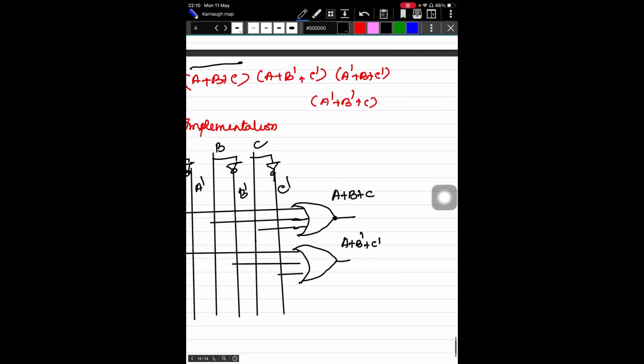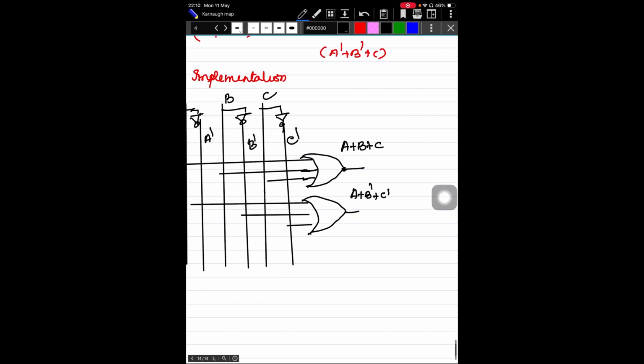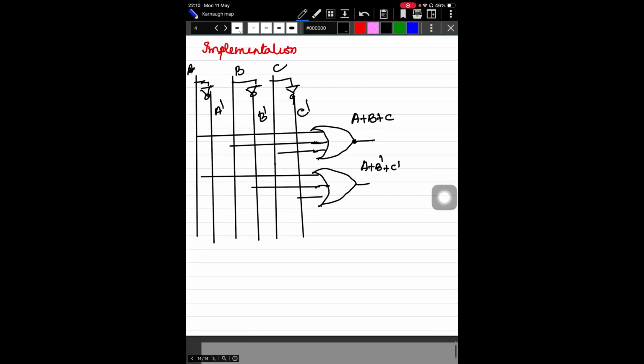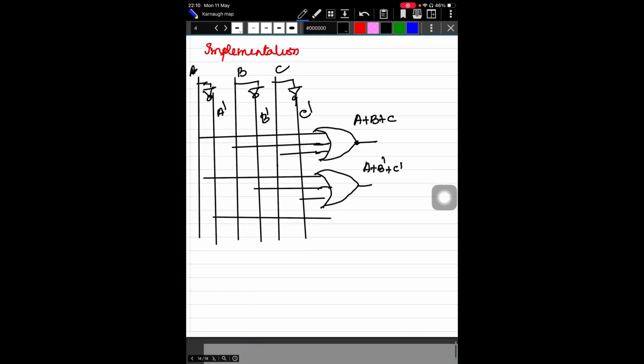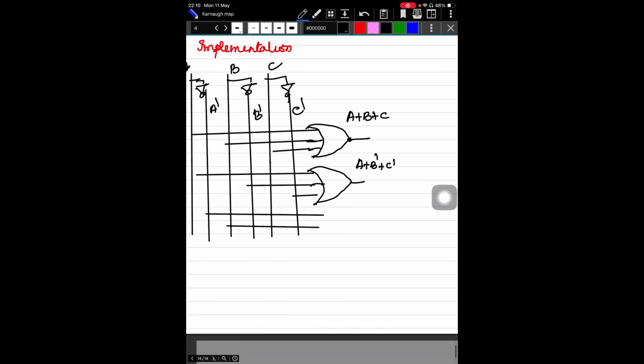What's the next term? A dash plus B plus C dash, right? I'll take A dash plus B plus C dash. Am I right? I'll put an OR gate here. So what is this? It is A dash plus B plus C dash.